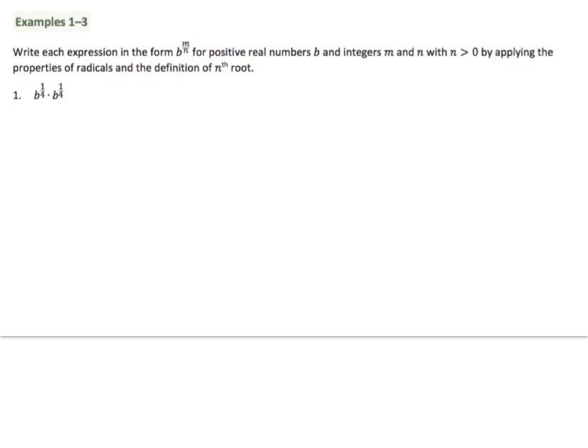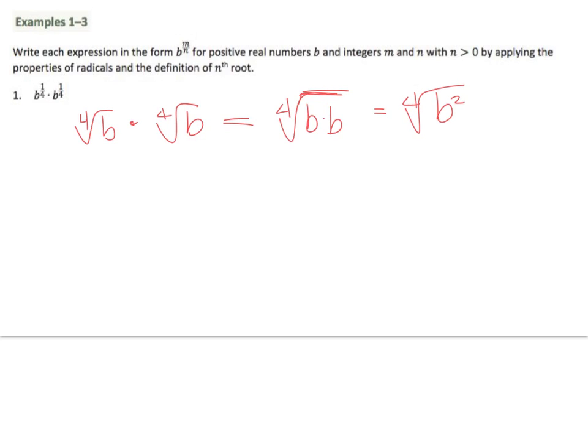So by the definition of the nth root, I'm going to go ahead and change these. I've got the 4th root of b times, not plus, times the 4th root of b. That gives me the 4th root of b times b, all underneath the radical, which gives me the 4th root of b squared, which I change into m over n, that's 2/4.